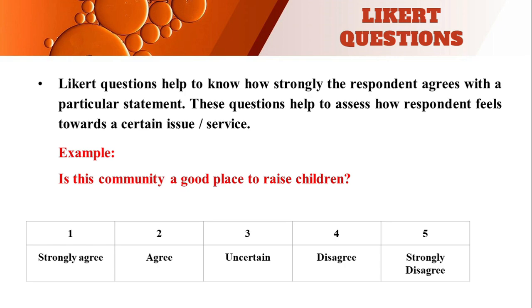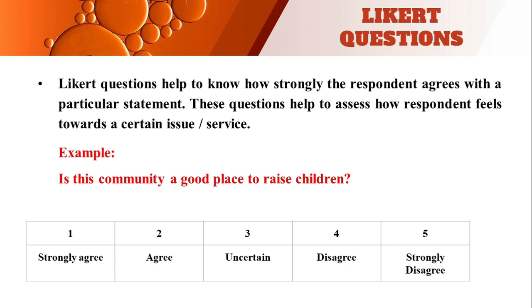Sometimes we go for a 3 point Likert scale, or a 7 point Likert scale. Most commonly, we go for the 5 point Likert scale. On one extreme we have a positive option like strongly agree. On the other side we have negative, and in between we have neutral.